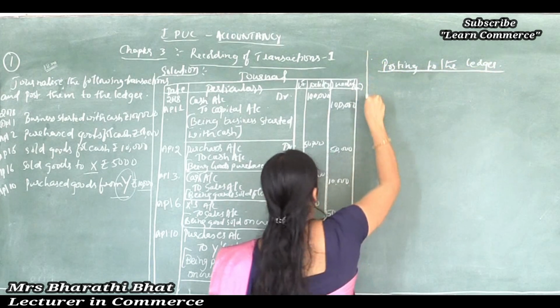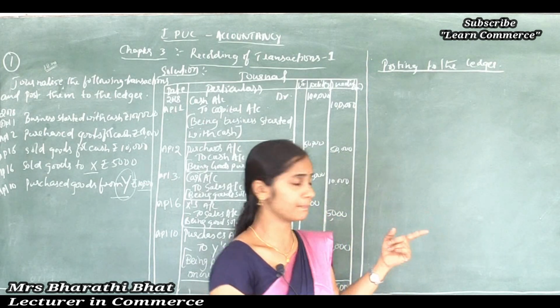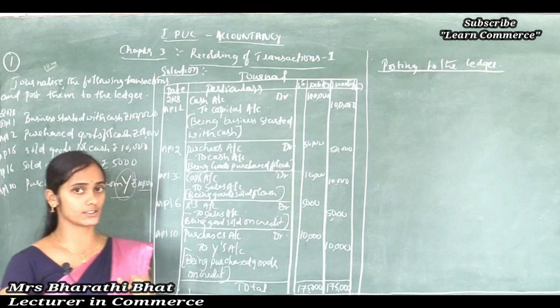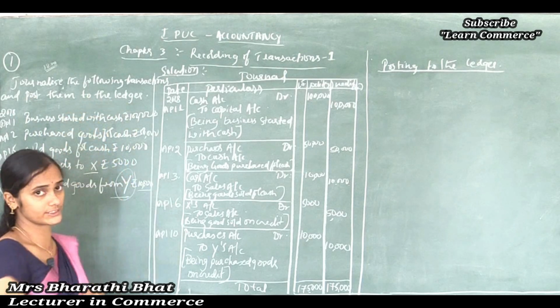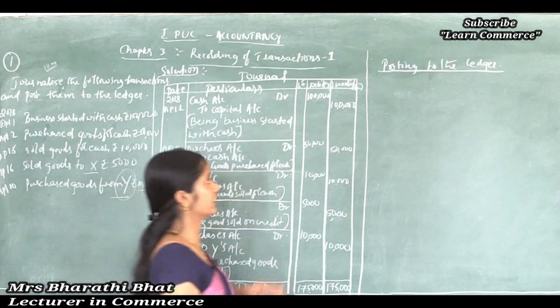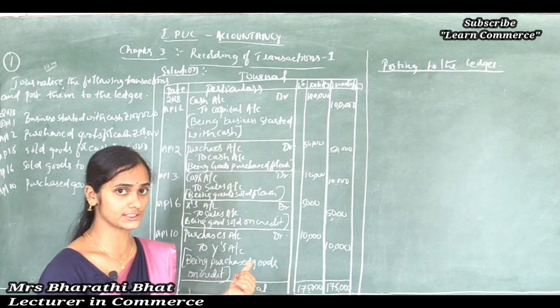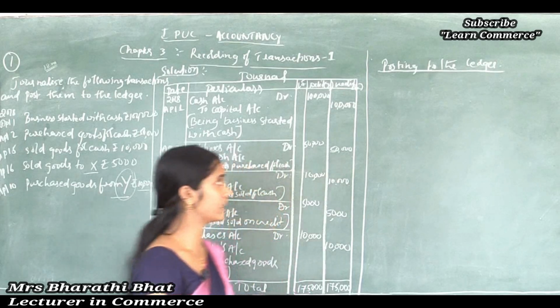The question is also like this: first journalize the following transactions and then post them to the ledger. We already completed journalizing the entries, and the next step is posting to the ledger.